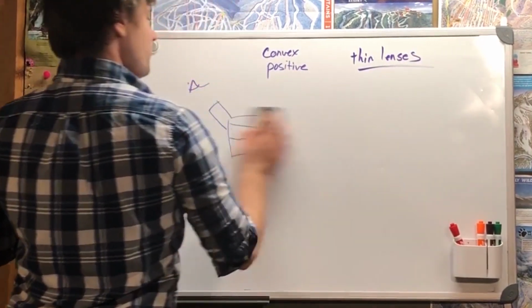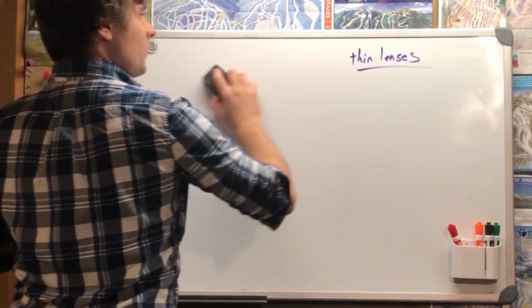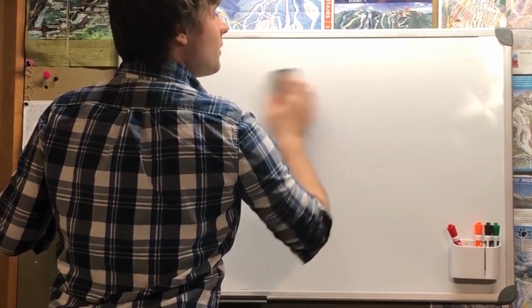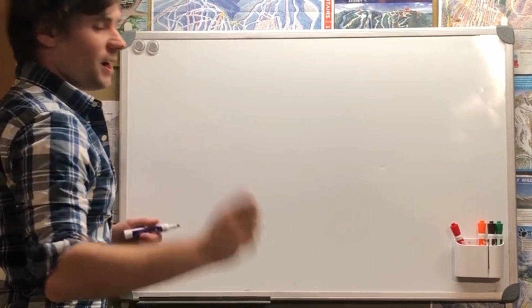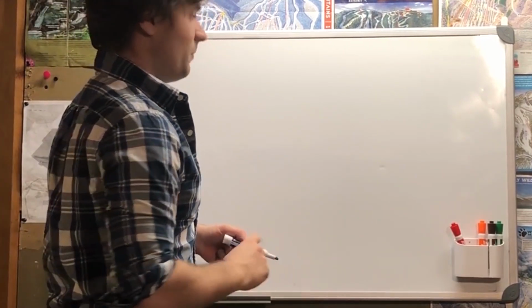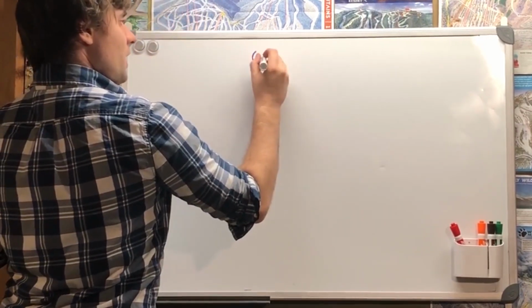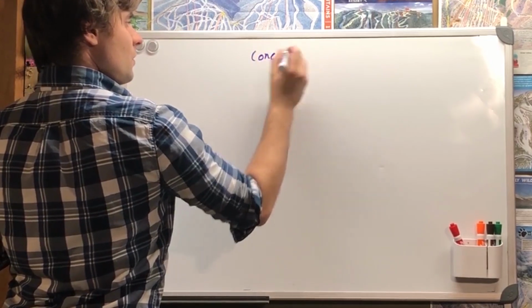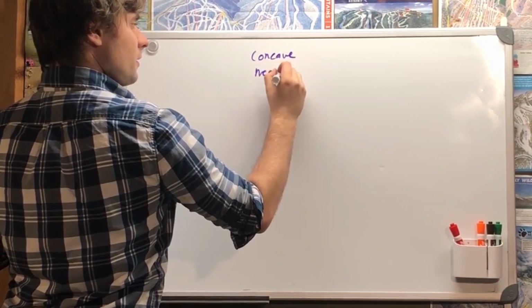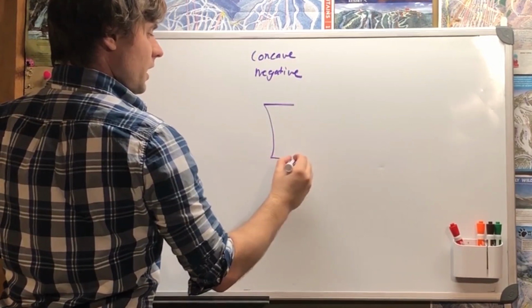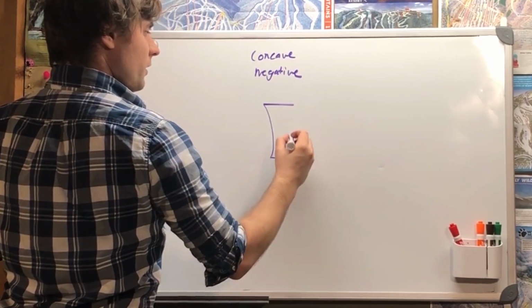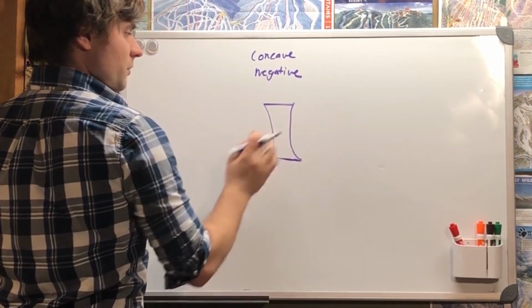Now the next type of lens, and these are not used in a refracting telescope, but they are kind of used in a reflecting telescope. And these are concave or negative lenses. Okay, and basically they look kind of like an hourglass, or they're kind of pushed in the middle.